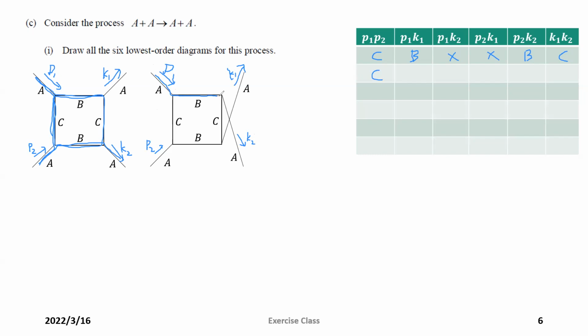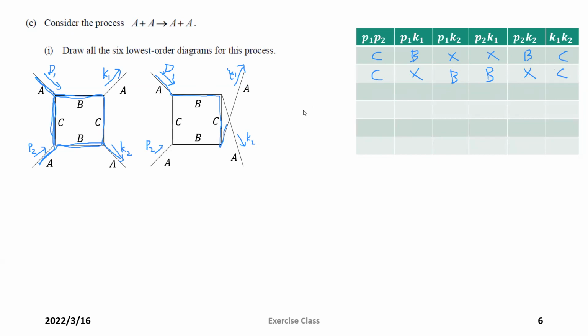So it's like this. So I just put a cross here. And P1, K2, they're connected by the B. And P2, K1, they're connected by B. P2, K2, just put a cross here. And K1, K2, they are connected by the C. So you can see that this diagram has different connections from our first diagram.